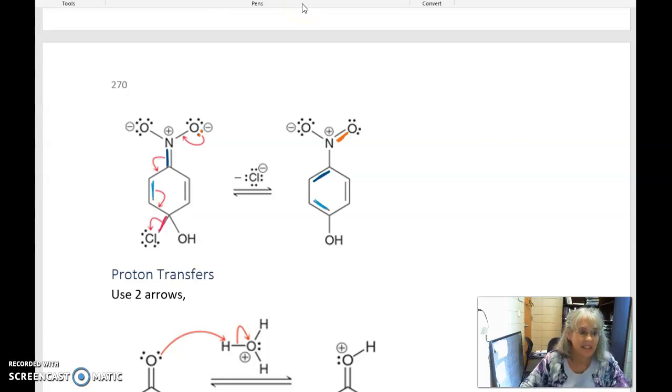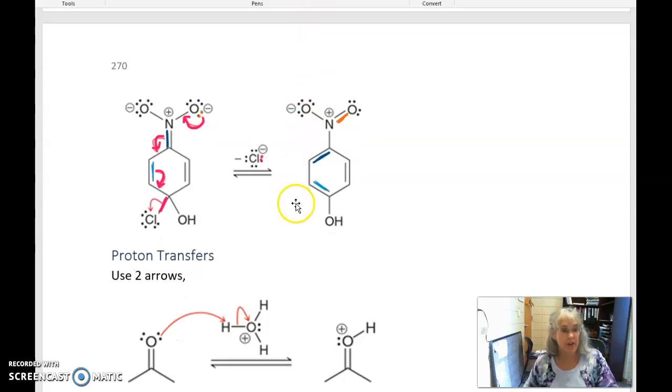These electrons become a lone pair here. So we're showing the flow of the electrons as they move from atom to atom, or they change how they're bonding. Okay, so that's 2 of the 4 that you're going to need to know.